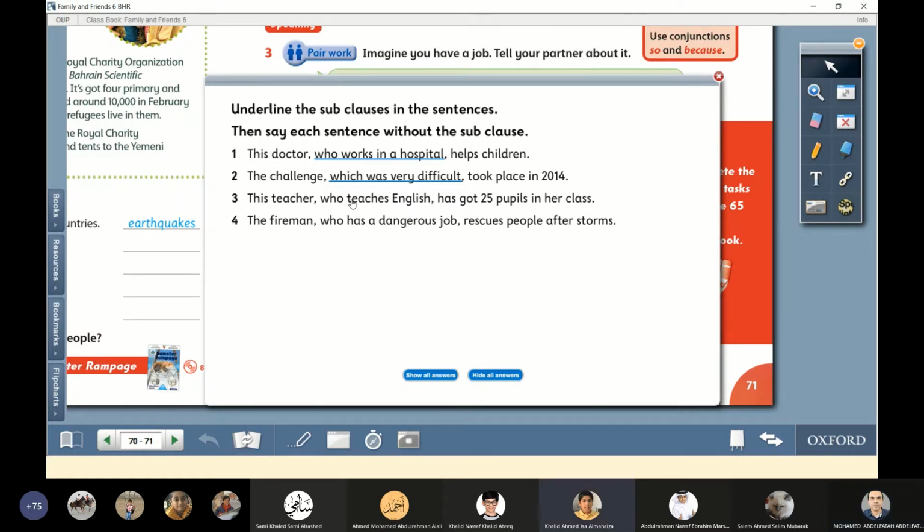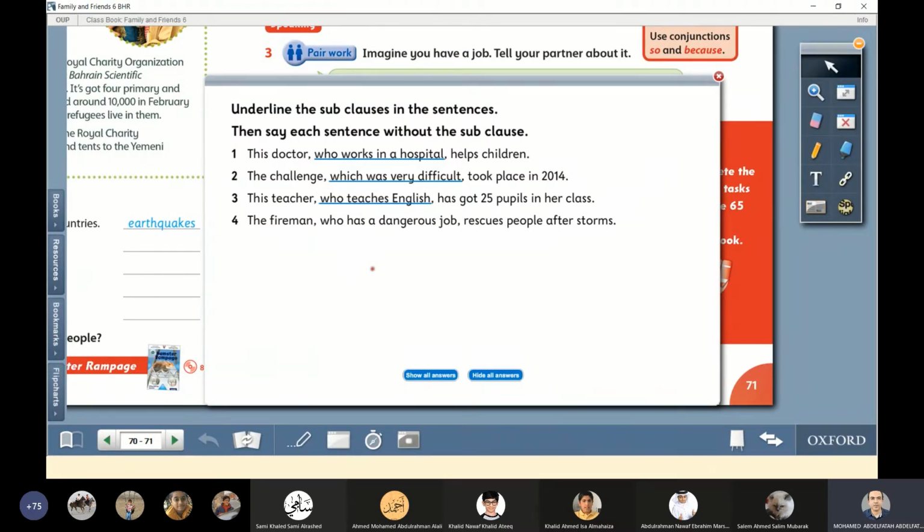Who teaches English. This is the subordinate clause. Teacher, why do we call it a subordinate clause? Because it supports the sentence. It gives more information. It adds more details to the sentence.